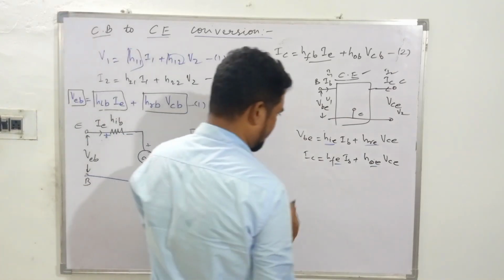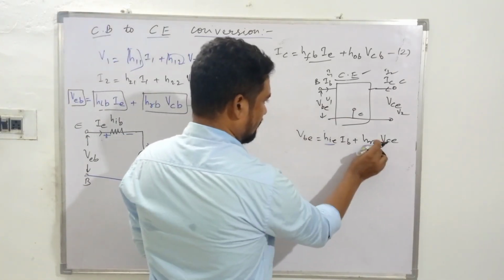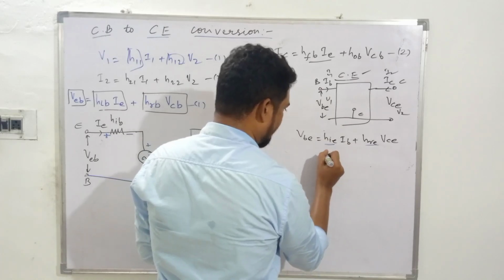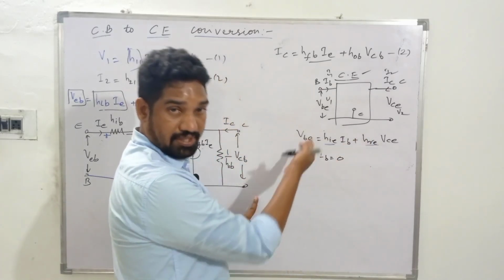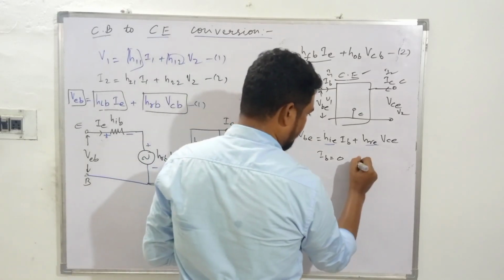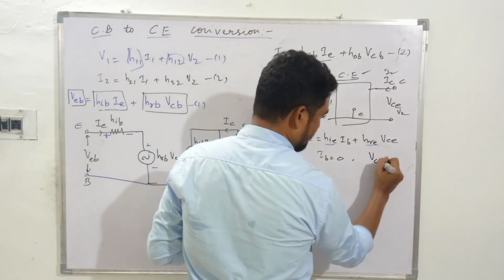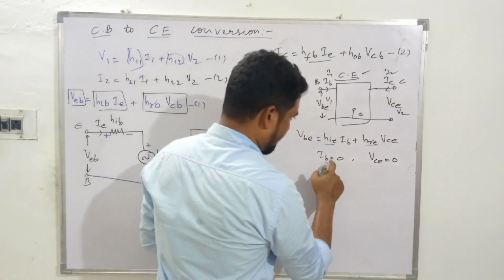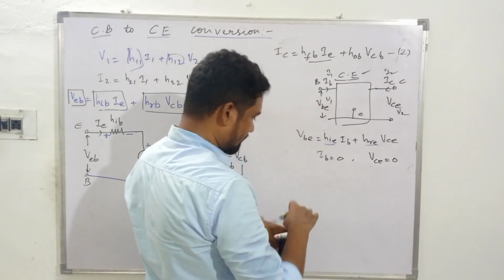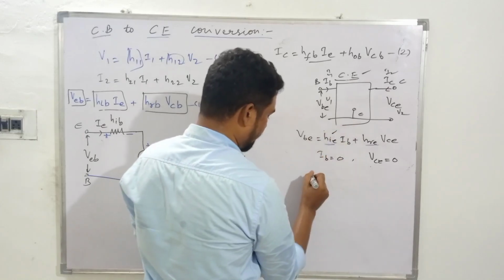So what does that mean? Making IB equal to 0 gives one set of hybrid parameters, and in the other case, when VCE is made 0, we have another set of hybrid parameters. So when IB equals 0, in the sense when this is equal to 0, what do we have?